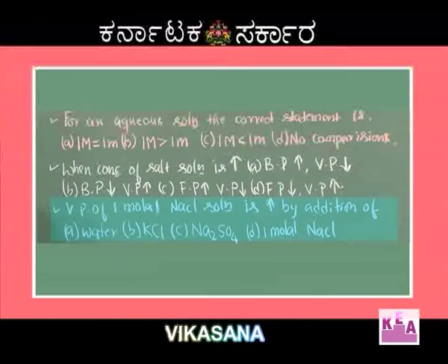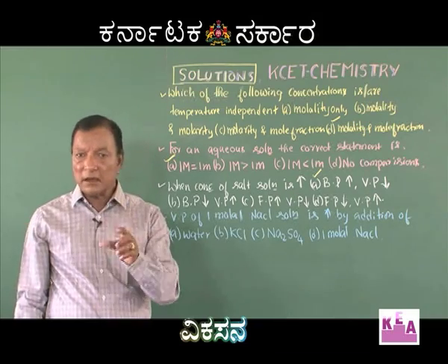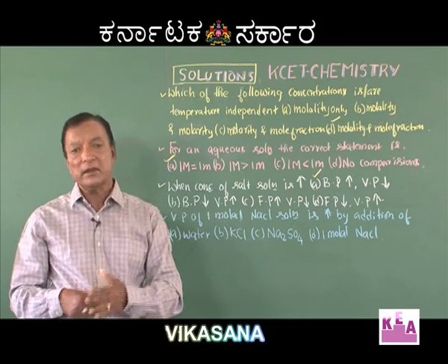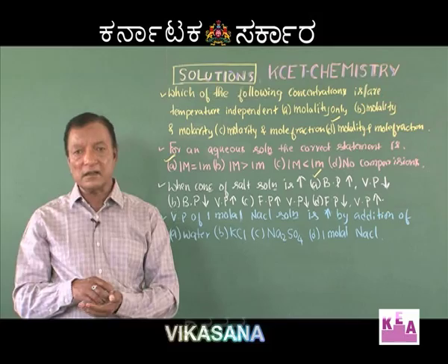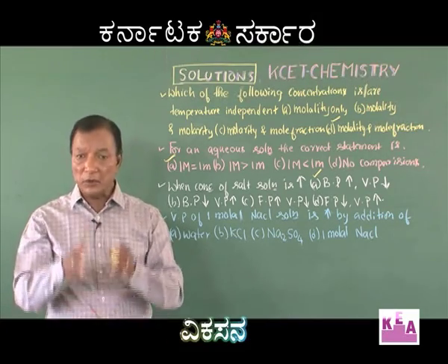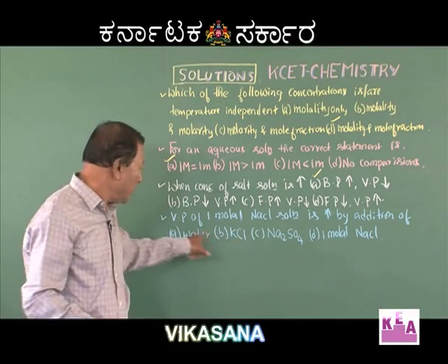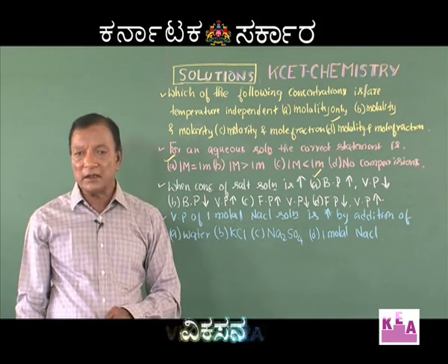Therefore, when the vapor pressure of the solution is to increase, the mole fraction of the component which we call the solvent should increase, because as the mole fraction of a substance increases, its number of molecules will be comparatively more in that system. Hence, if we add some more water, the mole fraction of the solvent increases.